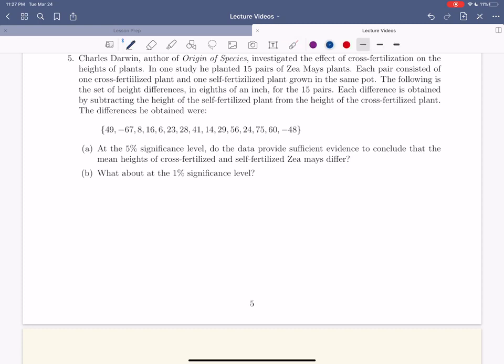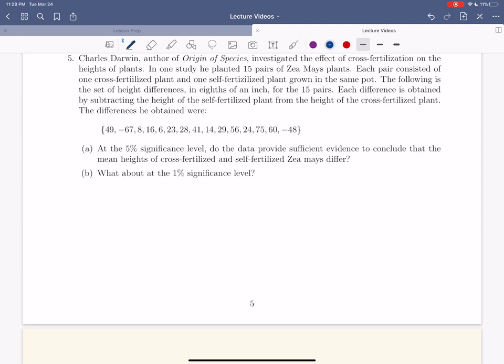So what he did is he wrote down these differences, and we want to know statistically, is there a difference between the cross-fertilized and the self-fertilized plants? Okay, so is there a statistical difference there? We want to know at the 5% significance level, is there a difference? What about at the 1% significance level? And it turns out that if we take this data, you can do all the usual things.